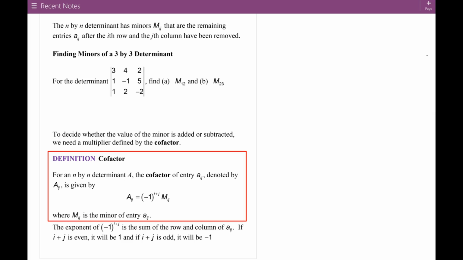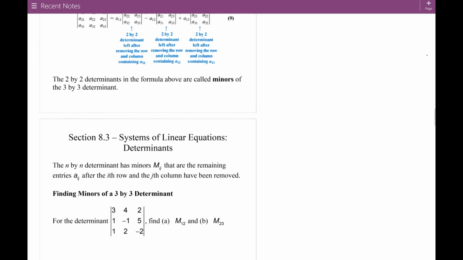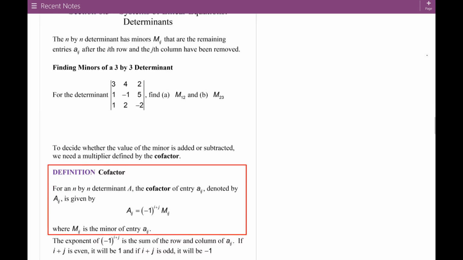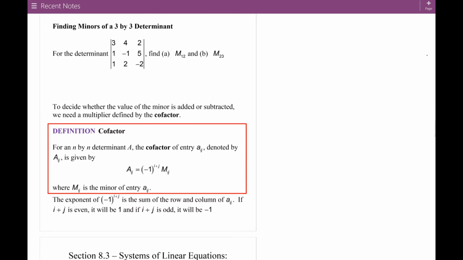So this determinant that we have, it says find the minor 1, 2. So if we look back up here, 1, 2 means block out row 1 and column 2 and write the 2 by 2 determinant that remains. So that's the minor 1, 2, and then that's a number. 1 times negative 2 minus 1 times 5, so that's going to be negative 7.